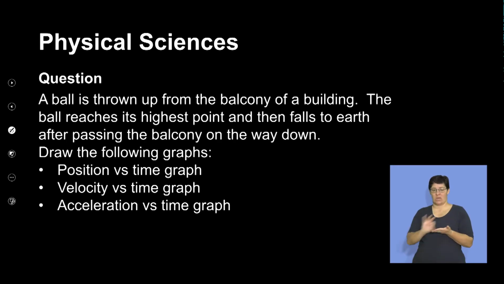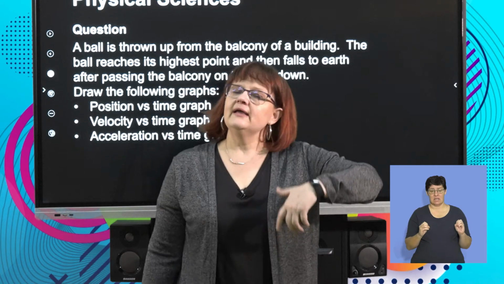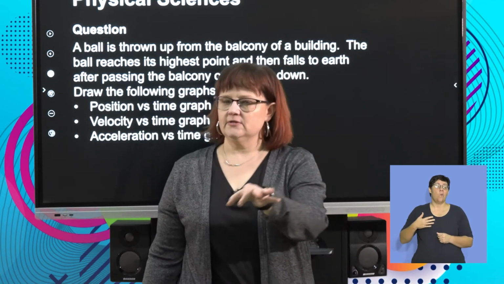I like to draw a little sketch so I know what they're saying. So I've got a balcony, the ball gets thrown up, and then it comes back down. They haven't given me values, so they just want the shape.